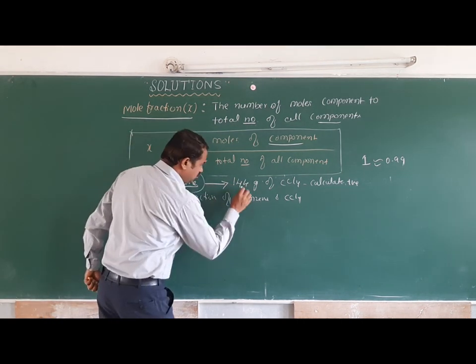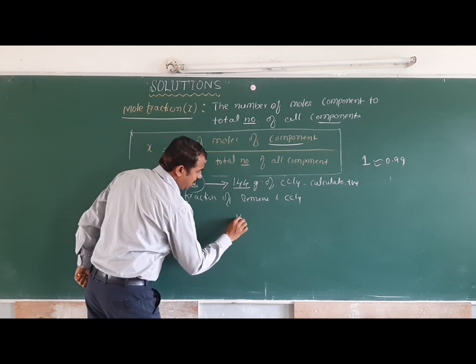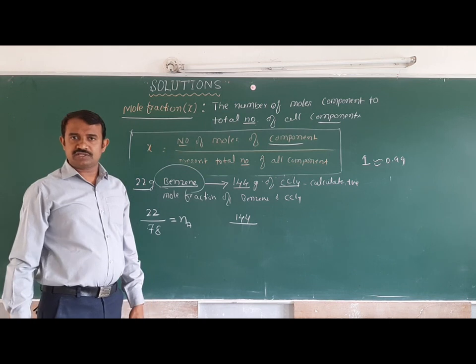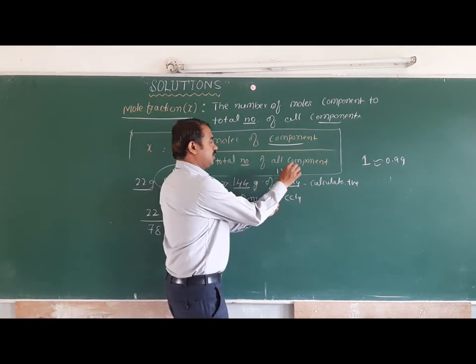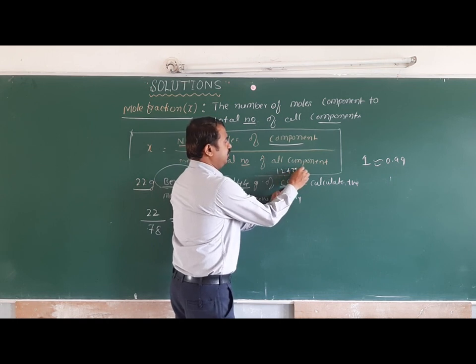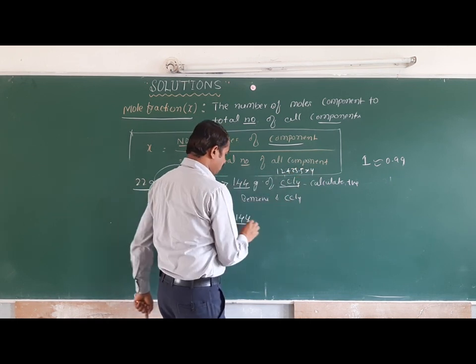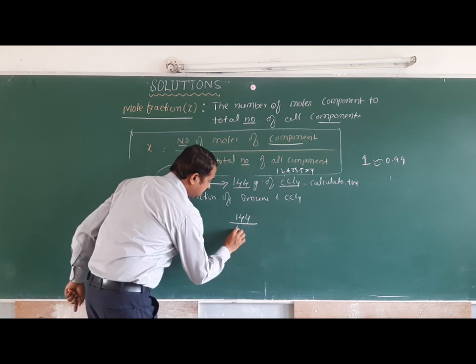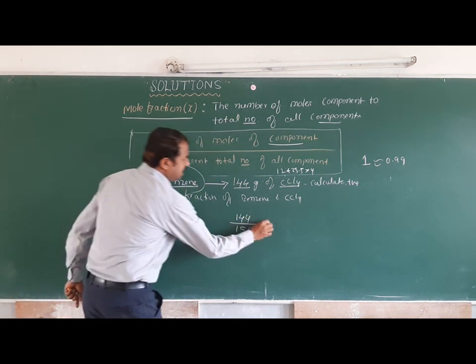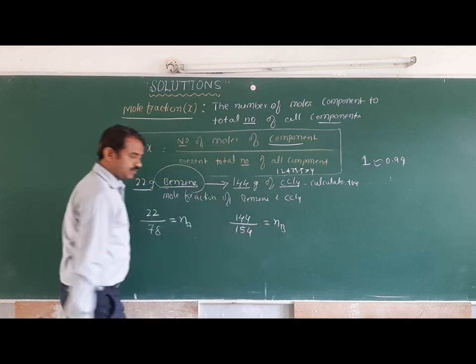Coming to the solvent, 144 gram. What is the molecular weight of carbon tetrachloride? Carbon atomic weight is 12, chlorine is 35.5 into 4. You will get the molecular weight of carbon tetrachloride as 154. Here we get Nb.